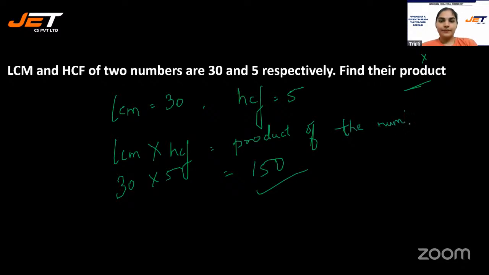Either the question can ask their product, like product of HCF and LCM, or it can ask product of two numbers. So don't get confused that the numbers are not given here. Always remember that the product of LCM and HCF is equal to the product of the numbers.